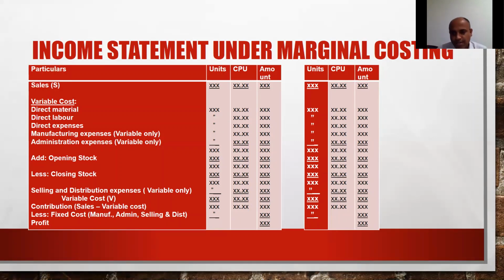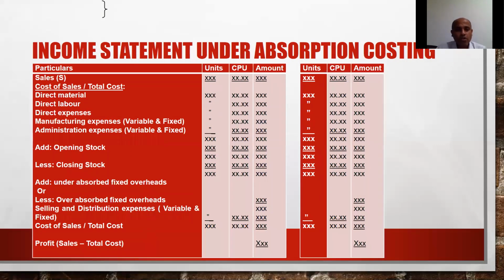One thing you should understand here is, under marginal costing, first variable cost is deducted. Fixed cost is not considered in valuation of stock. Valuation of closing stock, fixed cost is not considered under marginal costing. Go back to absorption costing. You can see here fixed cost is considered here, fixed cost is considered here.